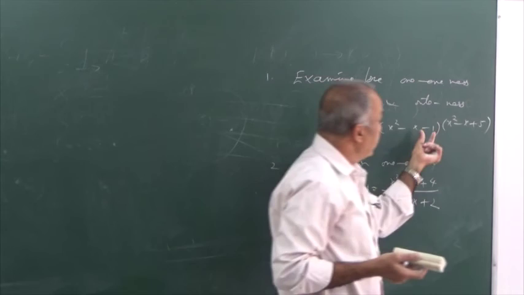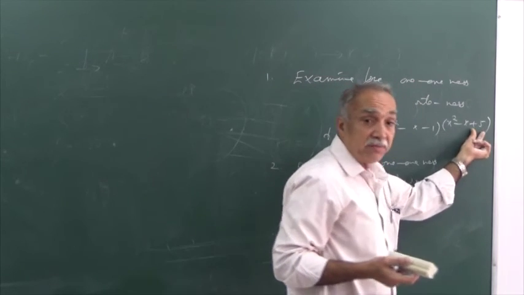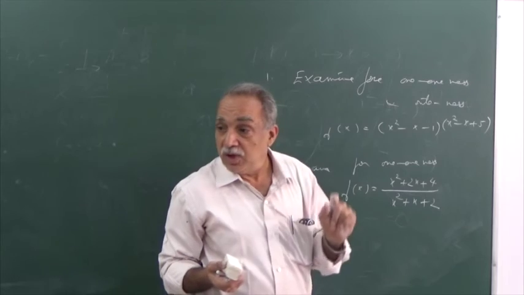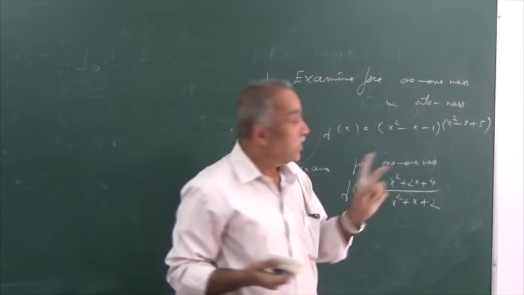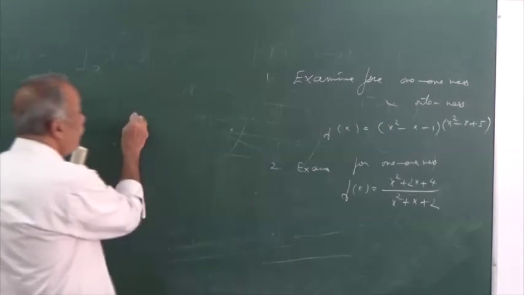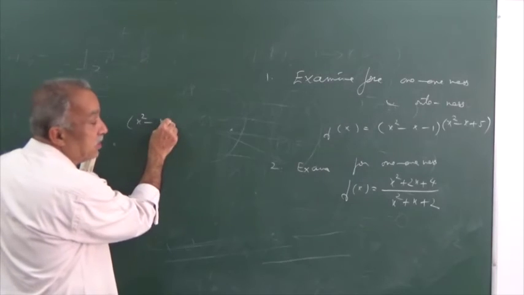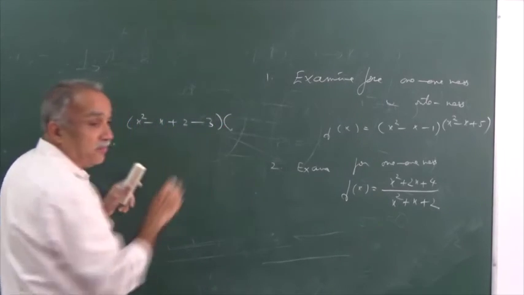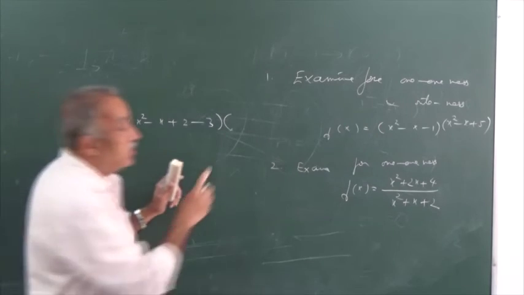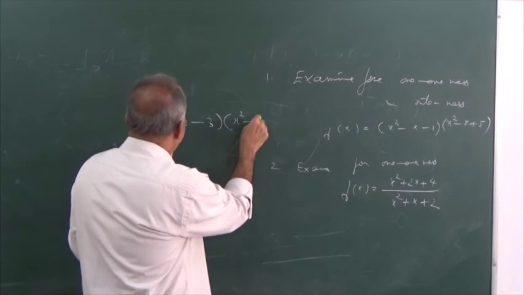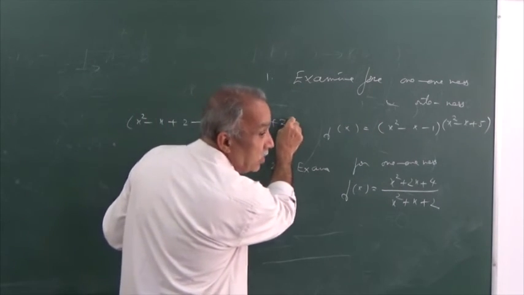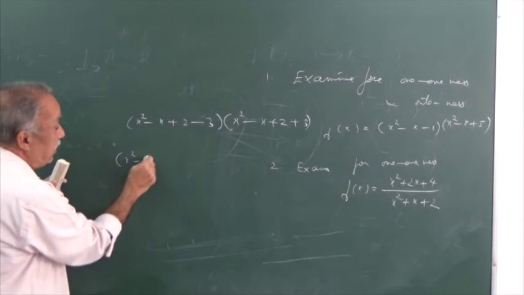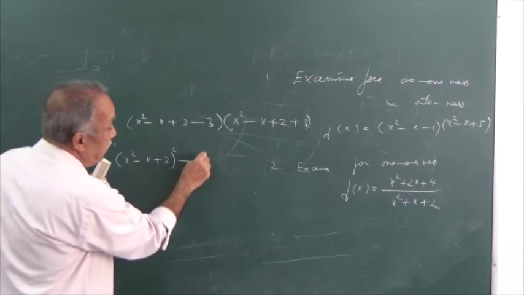Consider this as minus 1 and plus 5. What is the average of these two? 2. I will write this as x square minus x plus 2 minus 3, and the second one as x square minus x plus 2 plus 3. Immediately we find the product as x square minus x plus 2 whole square minus 9.